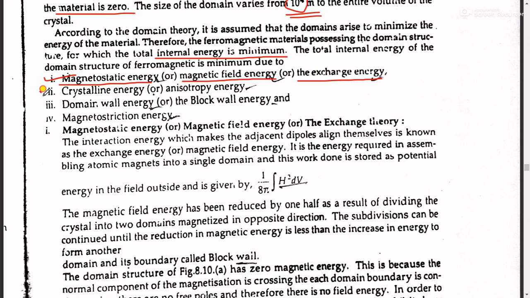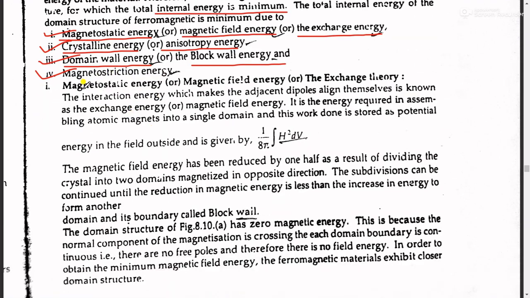Second, crystalline energy and anisotropy energy. Then domain wall energy, the Bloch wall energy, and magnetostriction energy.